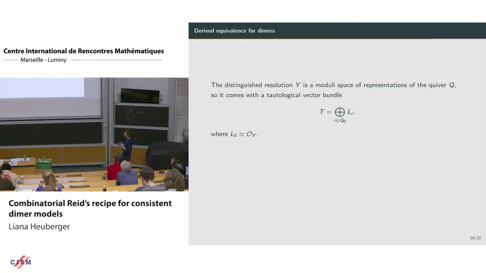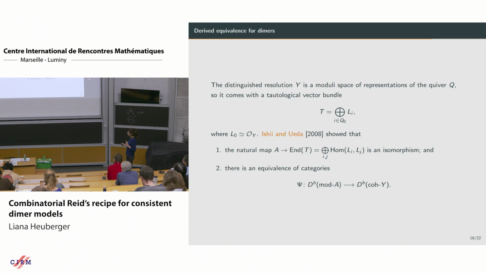And moreover, since this is a fine moduli space, it comes equipped with a tautological vector bundle, which is this T here, which splits into a sum of line bundles, and there are exactly as many line bundles as there are vertices of the quiver before. And then you set L0 to be the trivial bundle on Y.